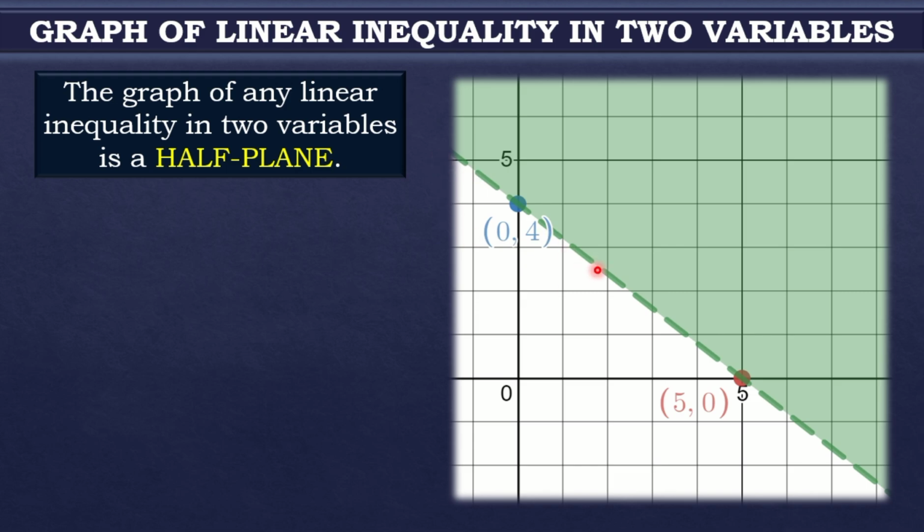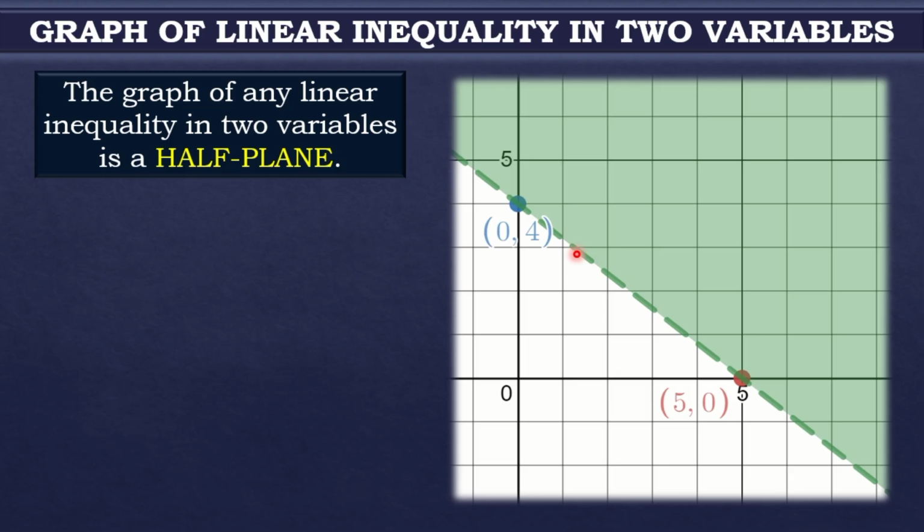So, later i-explain ko yon. So, itong lines na to, it can be solid or broken line. So, depende po sa symbol natin. And then, half plane kasi there is only one side of the line. So, ito po yung pinaka-boundary mo dyan. So, it's either itong side na to ang shaded or itong side na to ang shaded. So, hindi lahat i-shade natin.